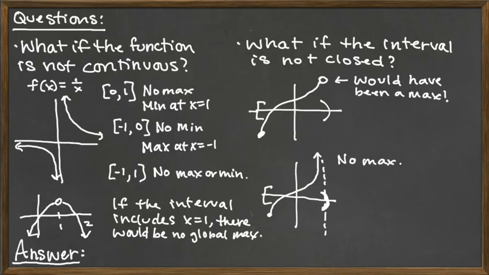And so really what we've done is we've asked the question, what happens if it's not continuous? What happens if it's not a closed interval? And the answer is we are not guaranteed a global max and min.